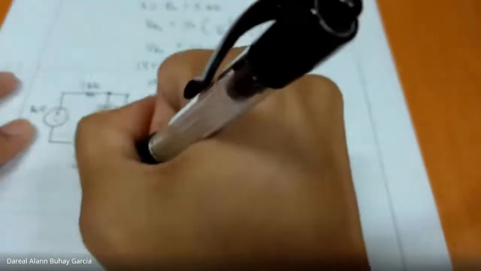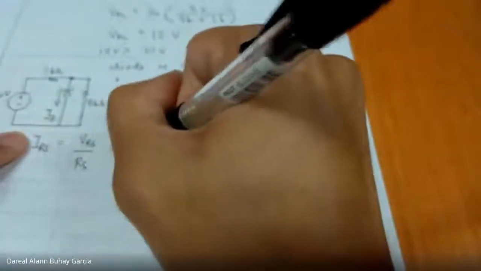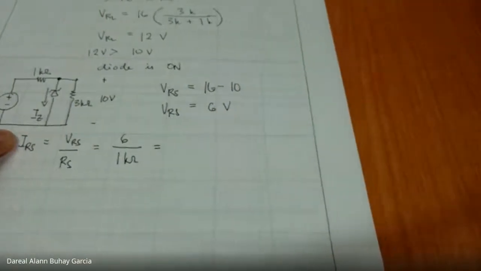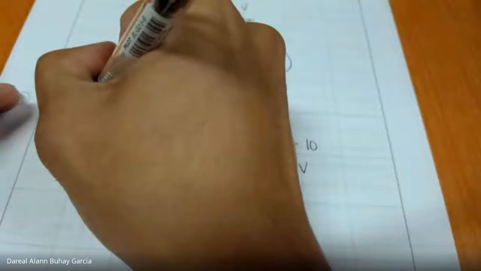IRS is equal to current is voltage over resistance. VRS over RS. 6 over 1K. Six milliamperes. So, 6 milliamperes ang flow dire.